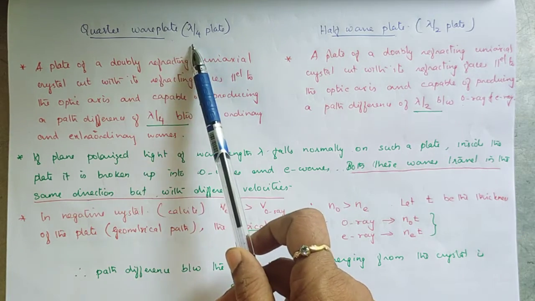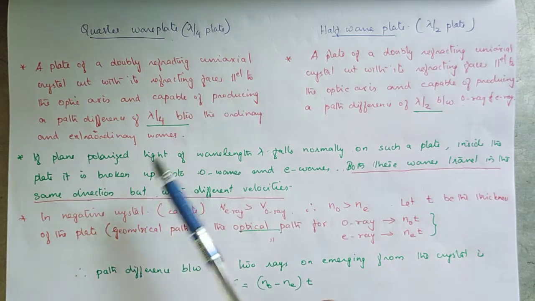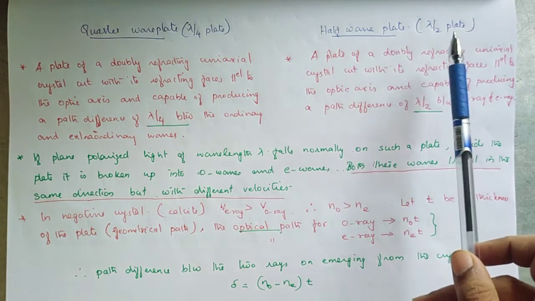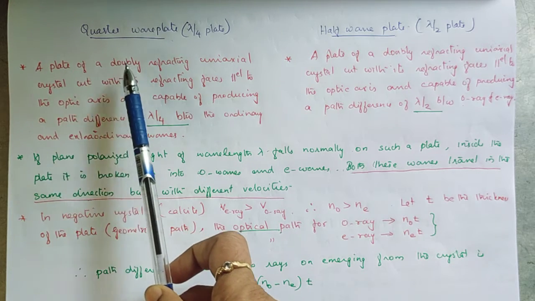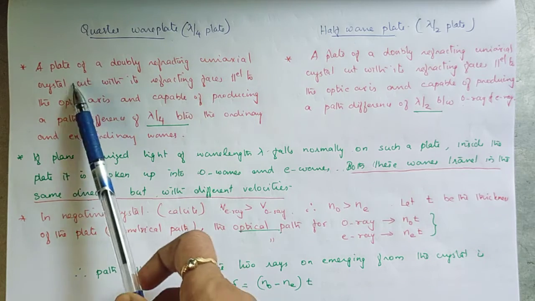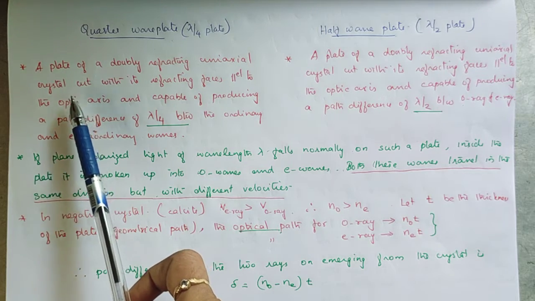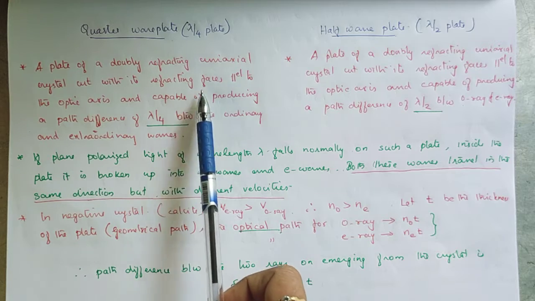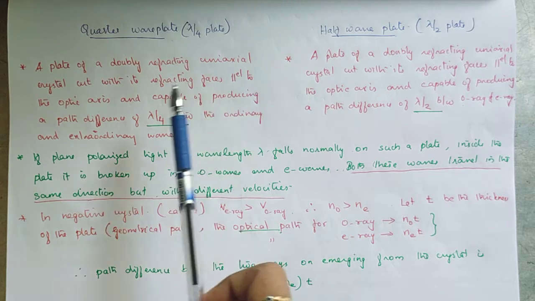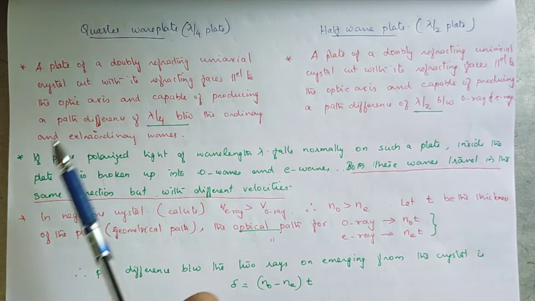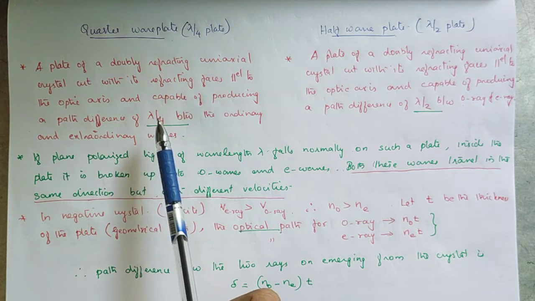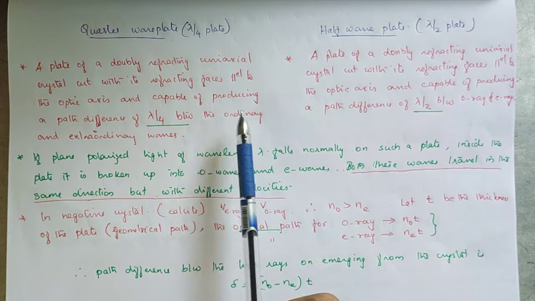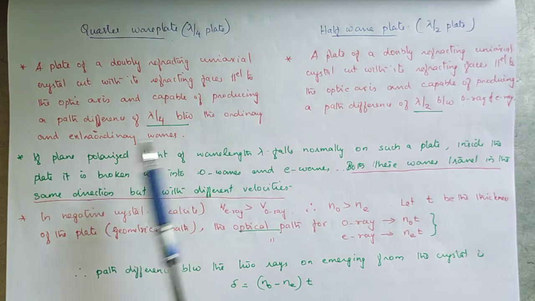Quarter wave plate is also known as lambda by 4 plate, and half wave plate is also known as lambda by 2 plate. Here, a plate of doubly refracting uniaxial crystal that is cut with its refracting faces parallel to the optic axis is capable of producing a path difference of lambda by 4 between the ordinary ray and extraordinary wave.